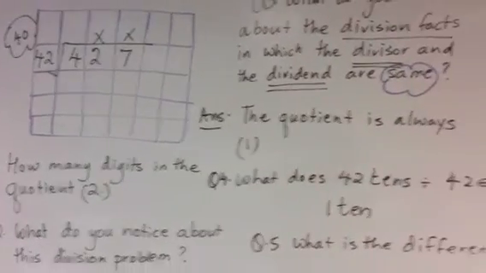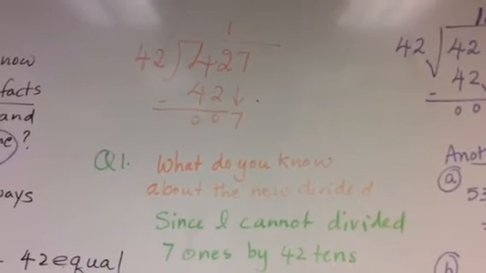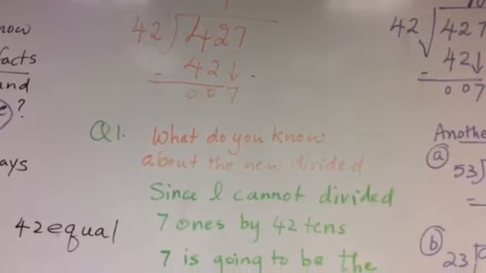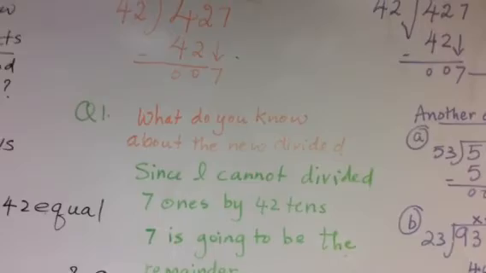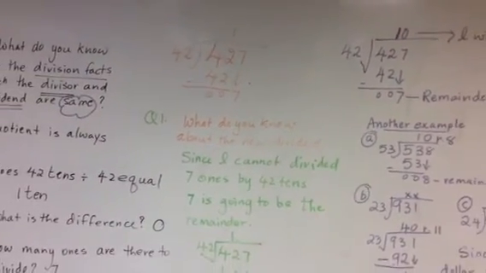It cannot go. So let's look over here. 42 goes one time. 42, 0, 0, 7. What do you know about the new dividend? Since I cannot divide 7 by 42, 7 is going to be the remainder.